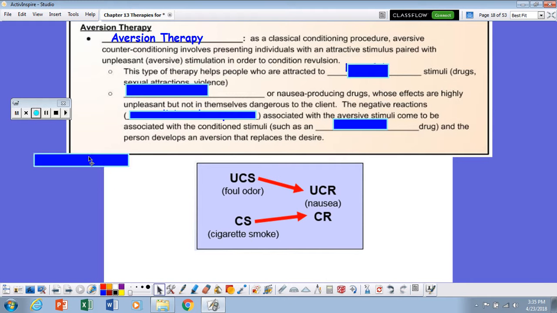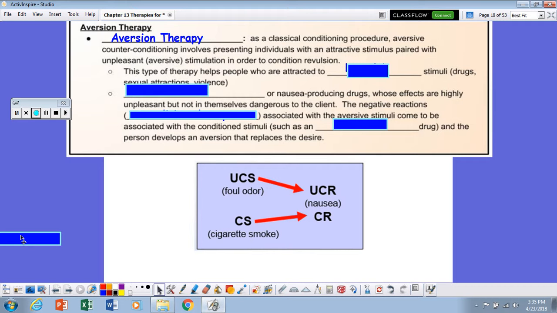Aversion therapy. As in classical conditioning, aversive counter conditioning is a procedure that involves presenting the individual with an attractive stimulus paired with an unpleasant or aversive stimulation in order to condition revulsion. If you remember back to John Garcia and his experiment with coyotes and sheep, this is on that line.